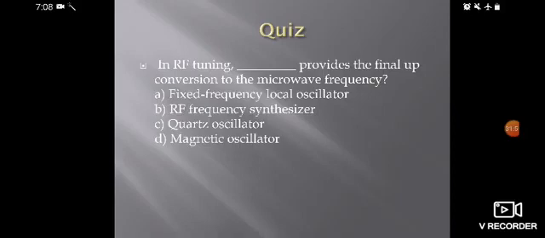The first option is fixed frequency local oscillator, the second is RF frequency synthesizer, the third is quartz oscillator, and the fourth is magnetic oscillator. What will provide the final up conversion to our microwave frequency ranges? Please note this question.